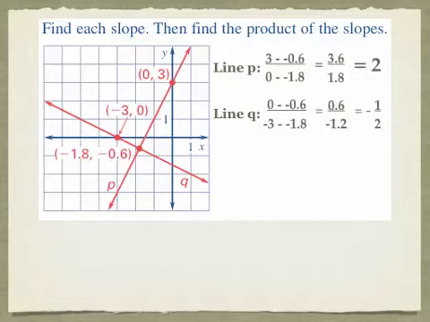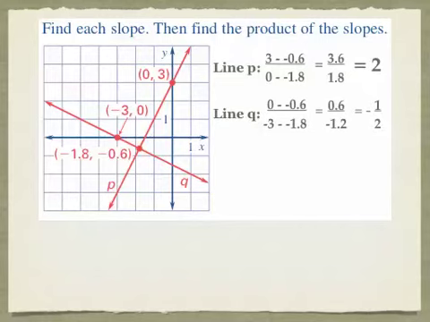If you look at the slopes for line P and line Q, we have 2 over 1, and then we have -1 over 2. That is the negative reciprocal of each other.